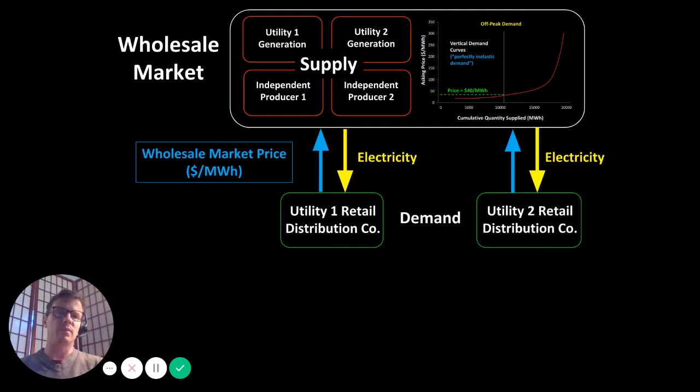The source of that perfectly inelastic vertical demand curve are the retail distribution companies. So those might be the distribution companies that are attached to the same utility that might own some generation that's producing in the wholesale market. And so the retail distribution companies are buying electricity from the wholesale market, and they are buying that electricity for the wholesale market price.